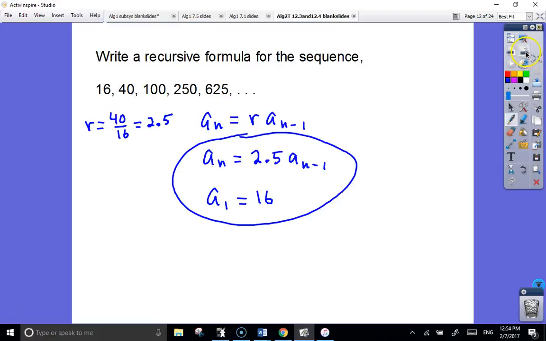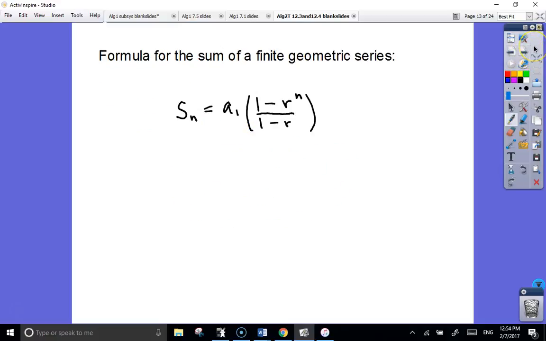Okay, I think that'll lead us to how do you find the sum of a geometric series? And there's going to be two formulas here. The first one is for a finite series, meaning it's just so many terms that you're adding up, and that's why it's got a subscript of n.